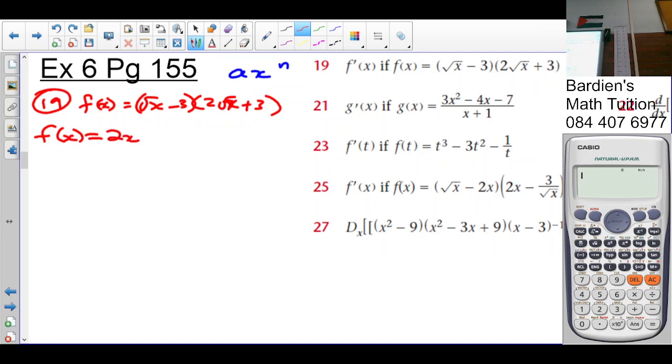Root x times 3 will be positive 3 root x. Negative 3 times 2 root x is negative 6 root x, which gives you negative 3 root x. Minus 9. You all agree with that? It is root, that's right. So what do I do now? Sorry, there must be a root, no?